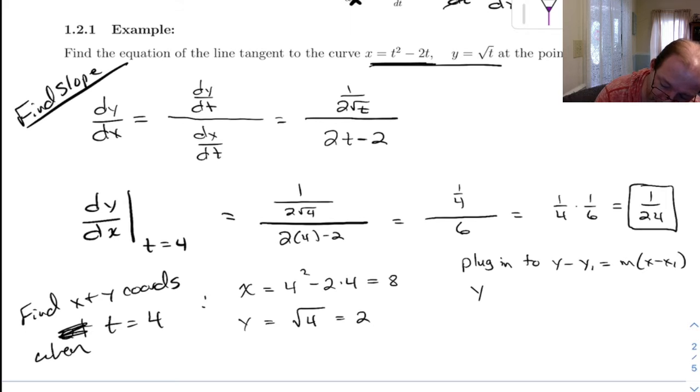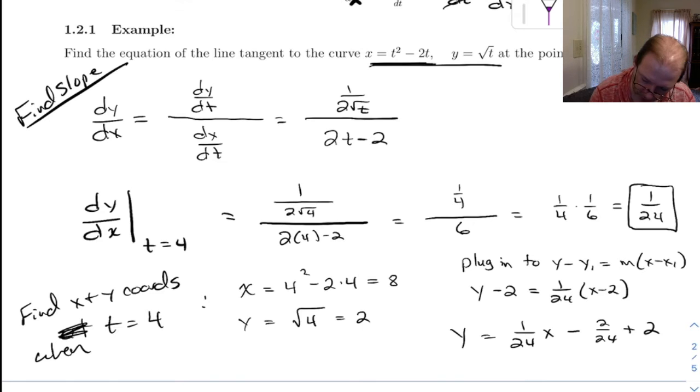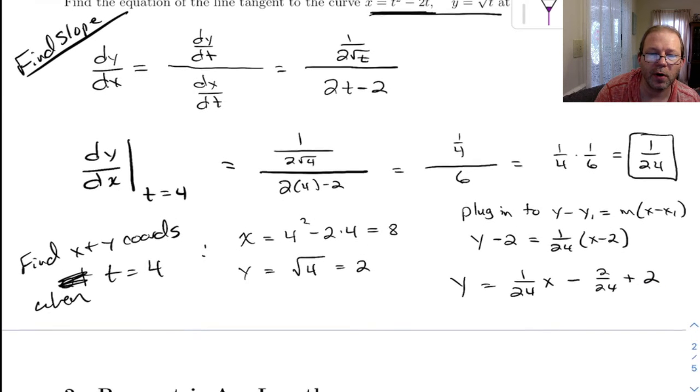So I get y minus 2 is 1 over 24 times x minus 2. So I get 1 over 24 x minus 2 over 24 plus 2. Just this naked 2 over here is 48 over 24.